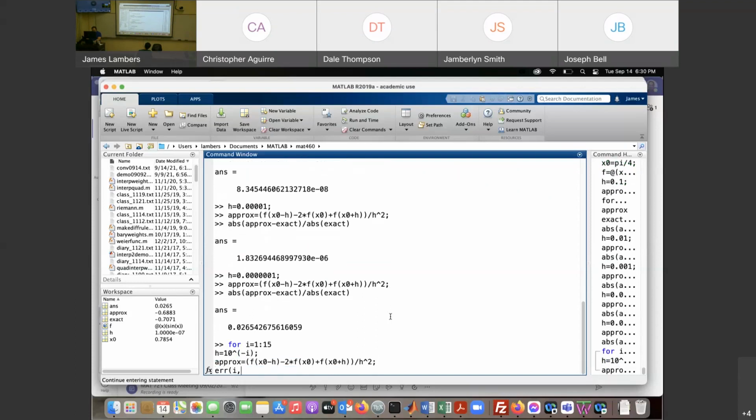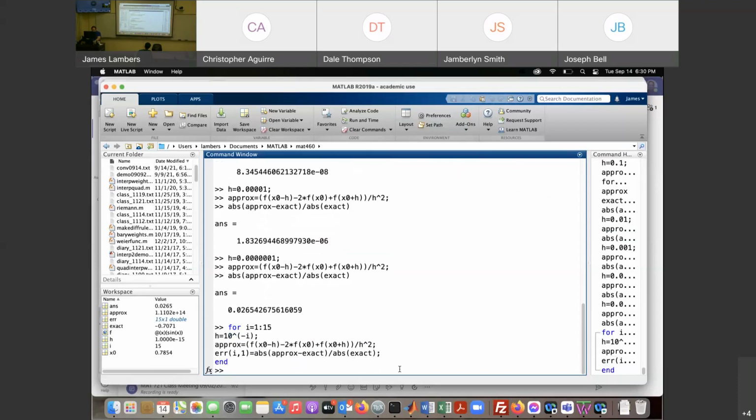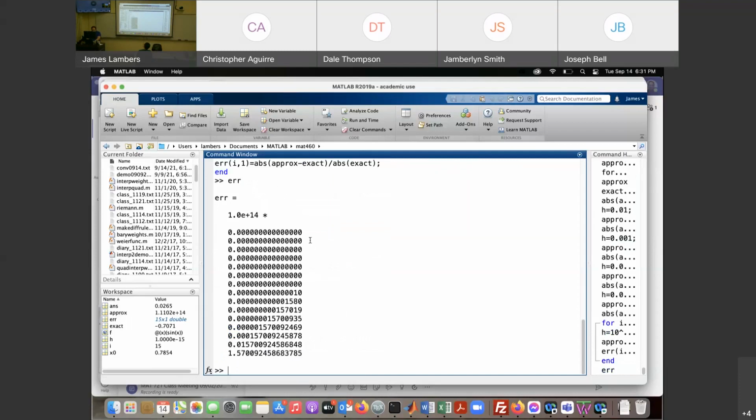Okay, we can find the breaking point. What I'm doing is storing the errors I get in a column vector. That's why I have error I, column 1. So at least that works. I look at the error, and we see that it's nice and small, and it's larger and larger.